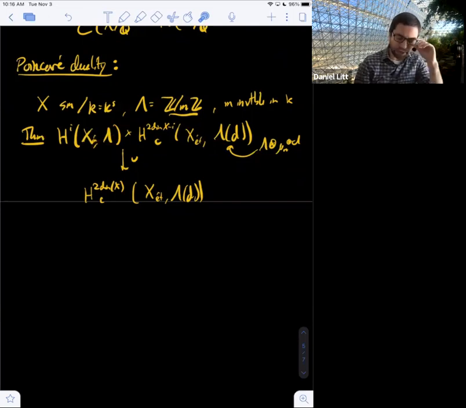When you cup those two things together, you get something in the extension by 0 tensored with the derived push forward. But that's at least in the relevant degree. In degree 0, that's just going to be the extension by 0, because on X itself the derived push forward of this to the compactification is just lambda. So that's why the target is here.